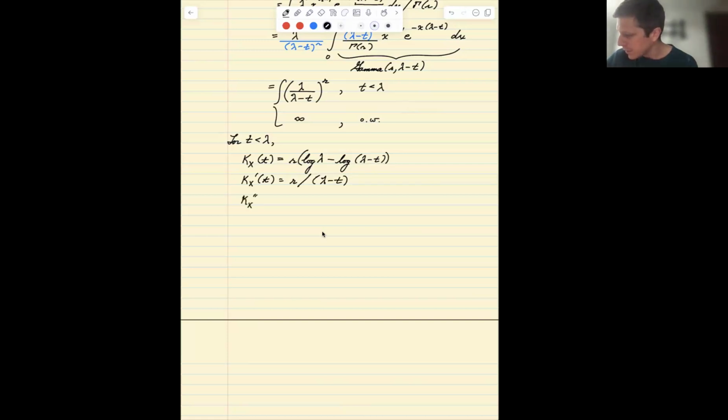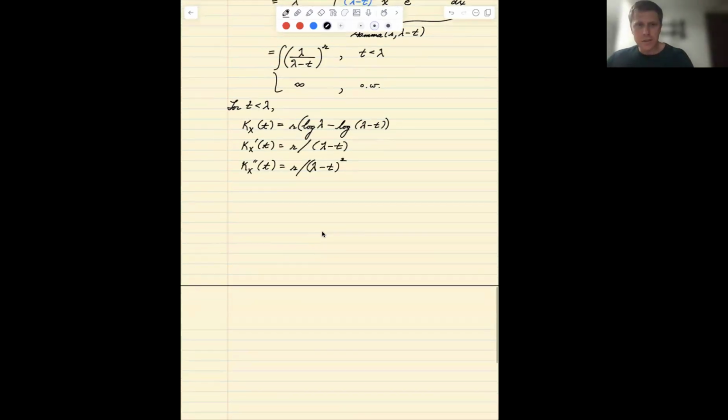Second derivative is r divided by lambda minus t squared. And this gives us then that the expectation of x, as we already have calculated otherwise, is r over lambda. The variance of x is r over lambda squared.